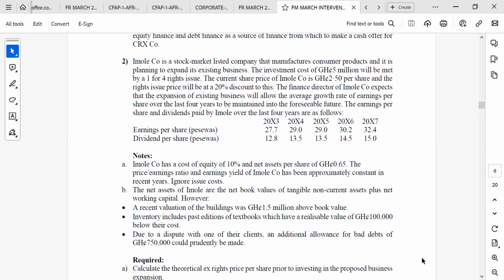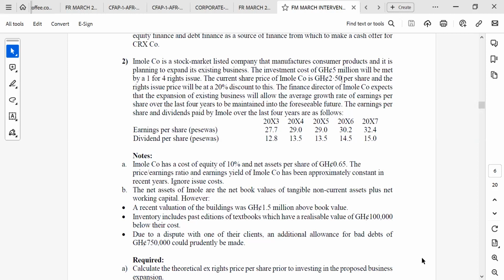So you see that the current price now is 2.5, but the right issue price will be 20% less than this. It means that you are only going to be getting 80% of the 2.5. Or you can, if you like, find the discount on this particular amount and take it from the total amount. So 0.2 times 2.5 is the discount value. But they say that the right issue will be at a 20% discount, so take the discount from it and you'll be getting the 2. Anyhow you want to do it. Okay. Thank you. You're welcome.